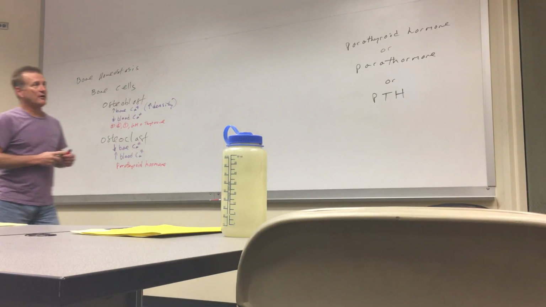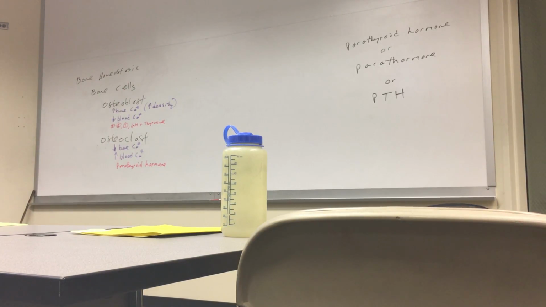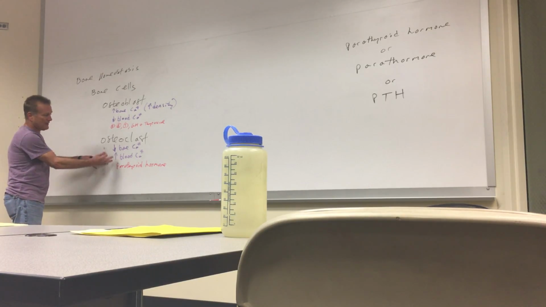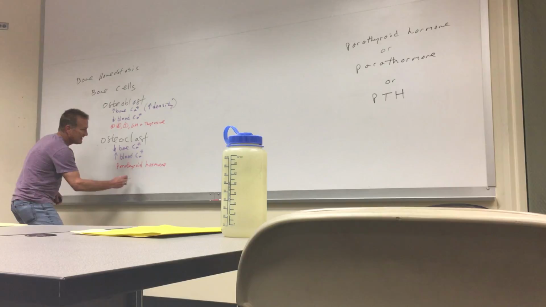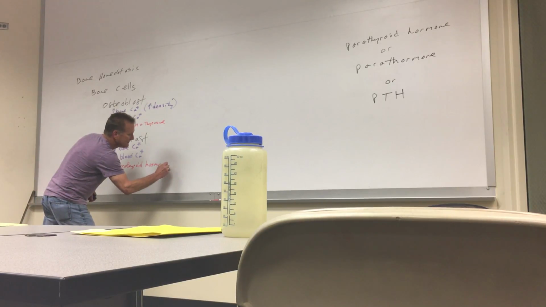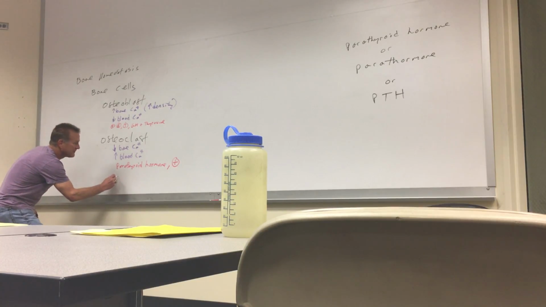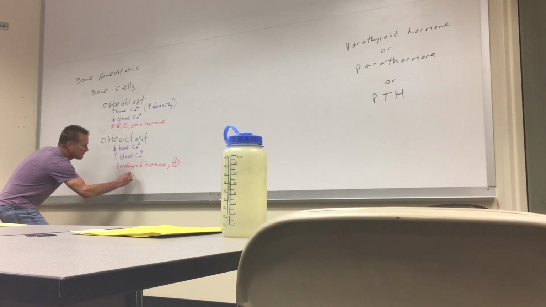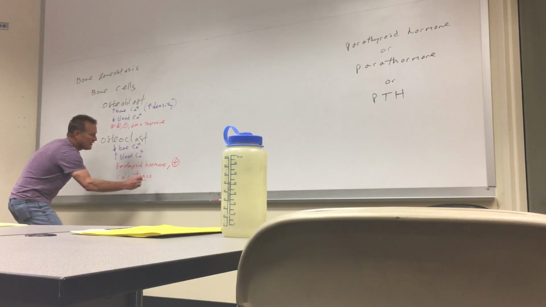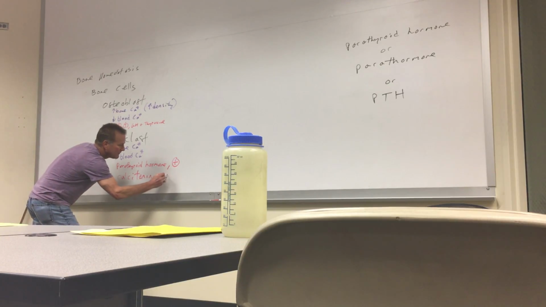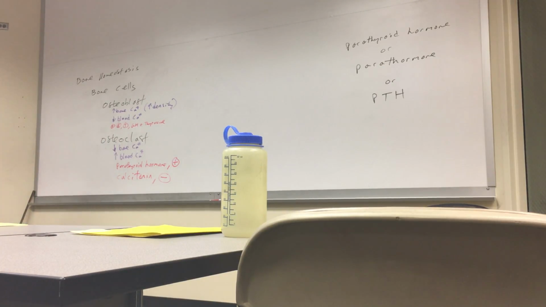So parathyroid hormone, parathormone, and PTH, they are the same thing. What parathyroid hormone does is it stimulates the osteoclast. The other one is called calcitonin, and it inhibits the osteoclast.